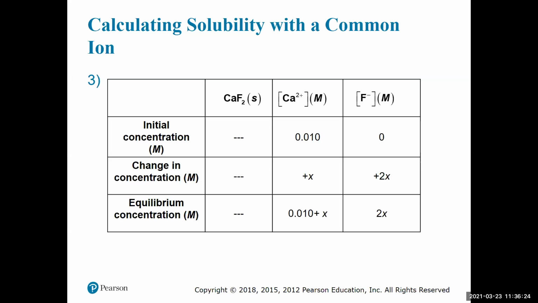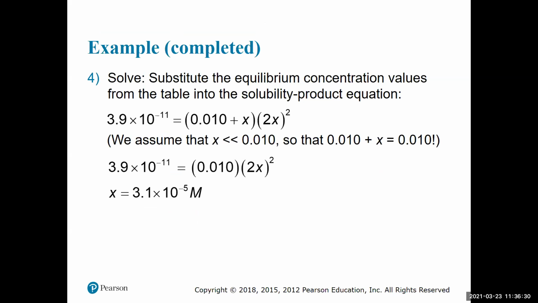We picked up 2X, so that's 2X there. Now we can plug those values into our KSP expression. So our KSP value equals 0.01 plus X times the quantity 2X, that quantity squared.